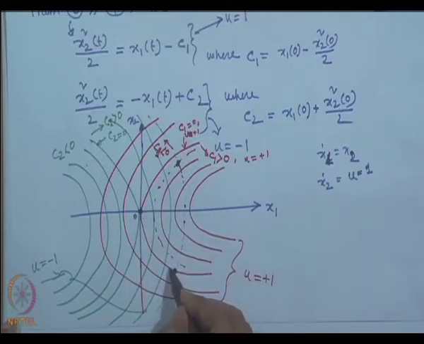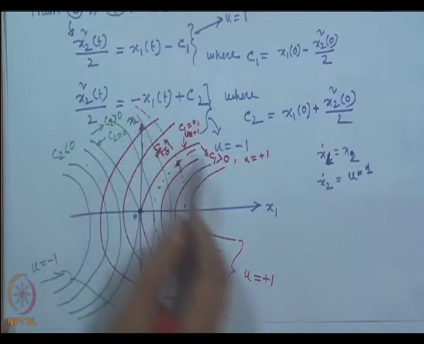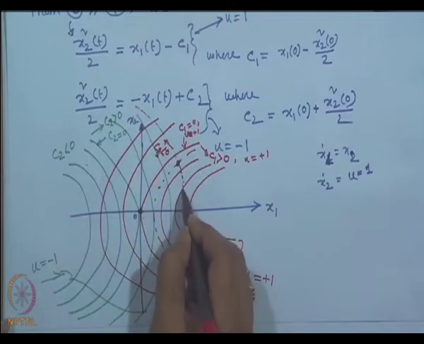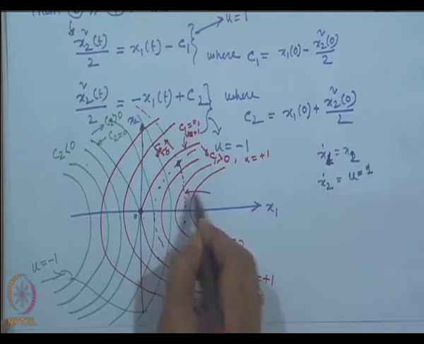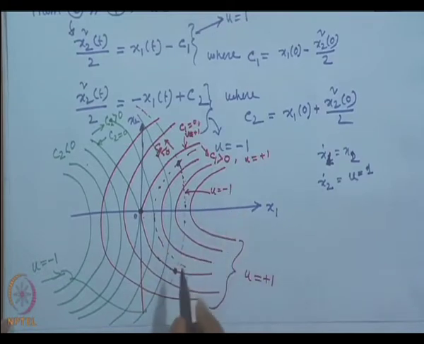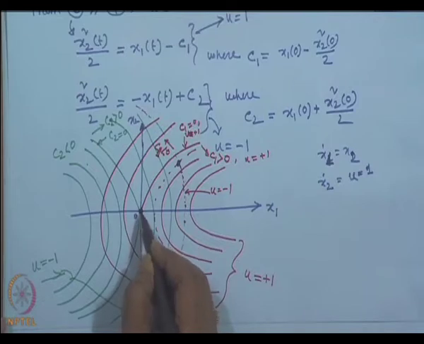This u value is 1, and this u value is minus 1. When you are coming here, u is equal to minus 1, but when it hits here, u is equal to plus 1. So it switches here, agree, and you see x2 is negative, x1 is decreasing, and ultimately it will come to the origin here.